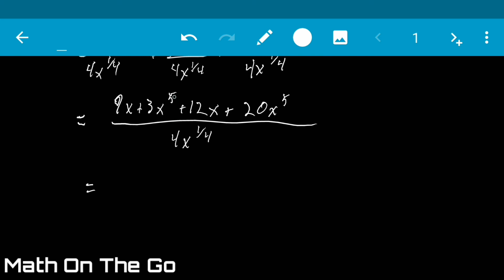I like to put the exponent that is highest order to the front. So we have 3x to the 5th and 20x to the 5th, which gives us 23x to the 5th. And then we have plus 12x plus 9x, which gives us 21x, over 4x to the 1/4. And that right there is the derivative of this.